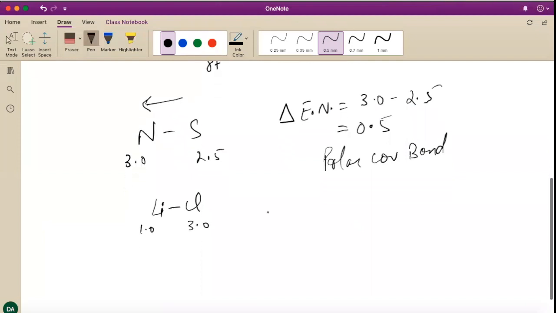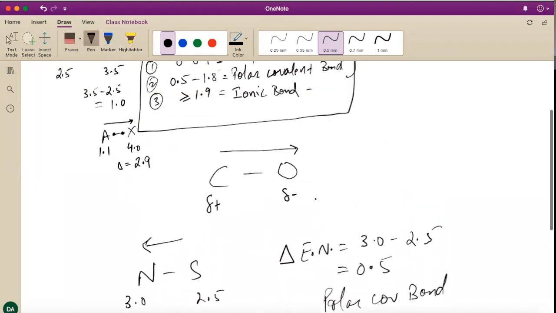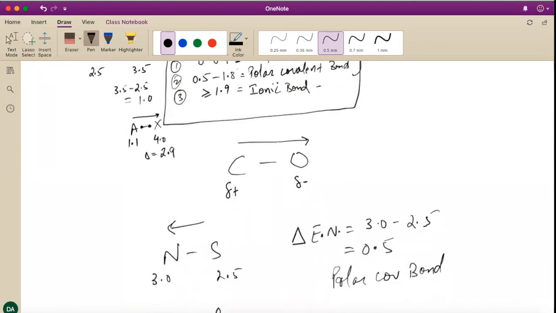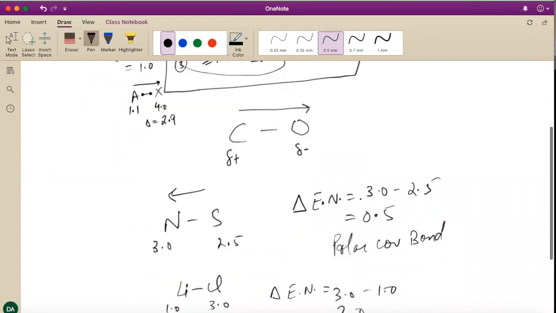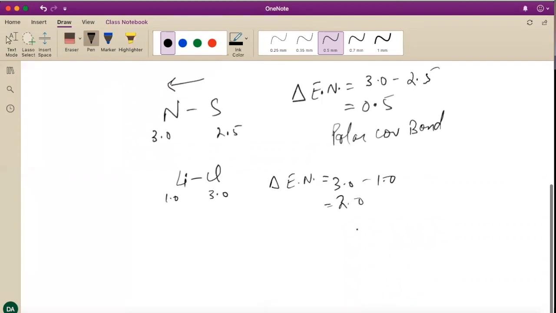So now tell me, what is the difference in electronegativity? 2.0. So it's 3 minus 1, so that's 2.0. And 2.0 is under the table. 2.0 means what? It's ionic. You see, if it's more than 1.9, that's ionic. So now this bond that we were talking about, LiCl, this is an ionic bond.